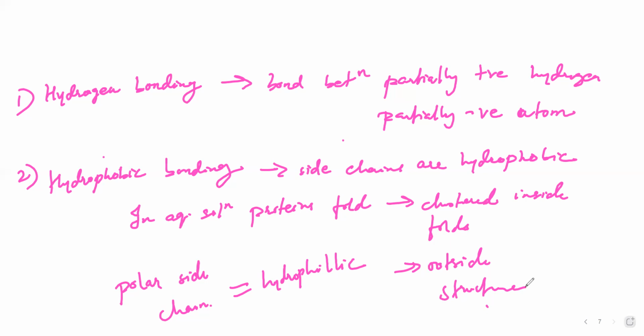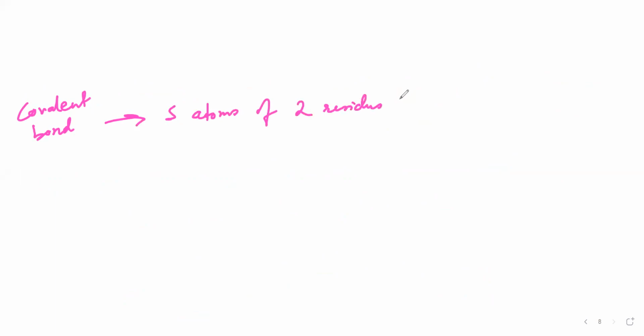Okay. And the last type of bond, an important bond, is the covalent bond. Now, a covalent bond is a bond which occurs between the S atoms of two residues between two adjacent chains.